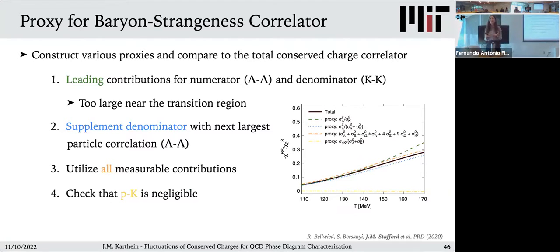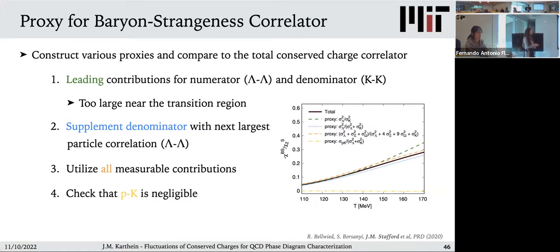So let's try to create a proxy from the theoretical side that can actually be something that the experiment can go after. And this is going to be the baryon strangeness proxy that we construct with the baryon strangeness correlator in the top and the strangeness in the bottom. And so if we look at all the different combinations that are possible of this proxy, then we can see which one best agrees with the total amount of this cross-correlator.